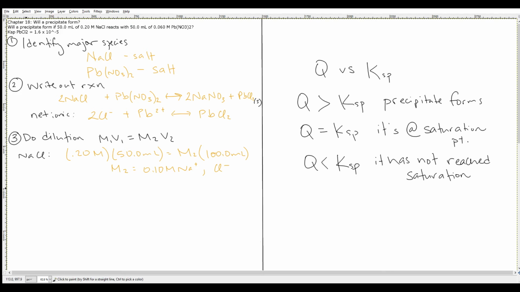Now let's do our lead nitrate. Here we have 0.060 molarity, also in 50 milliliters to begin with, and its new volume.